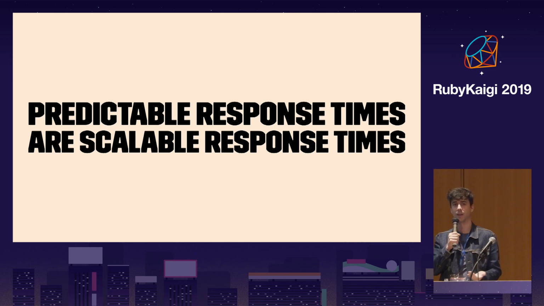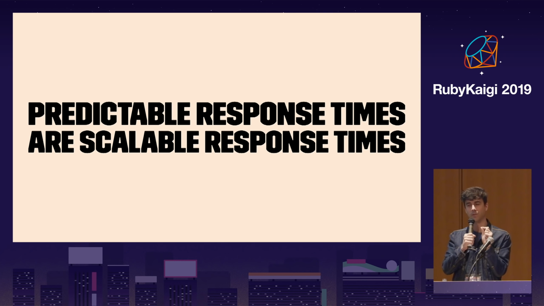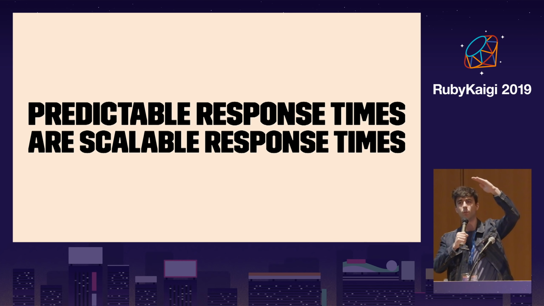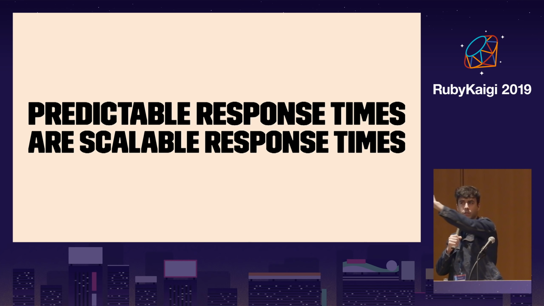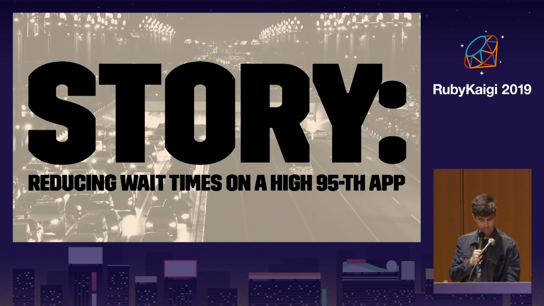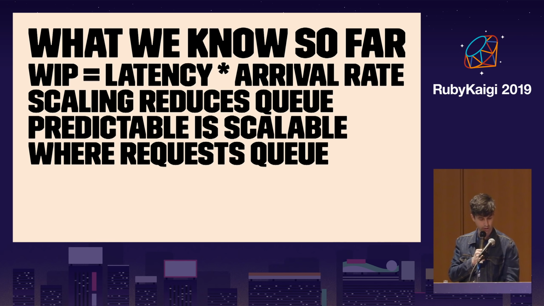The reason for that is just that the assumptions of Little's law will hold more true if the application has more constant, predictable response times. The more that a response time of an application is unpredictable, the less the law will hold, and you'll need to build in more buffer room. And I'm going to show that in the real world here in a minute. I'm going to skip that story as I'm going a little bit long here.